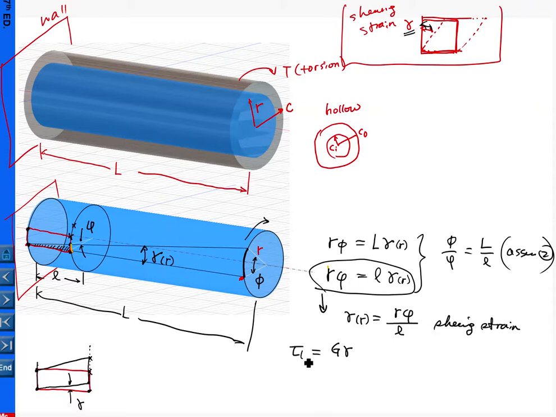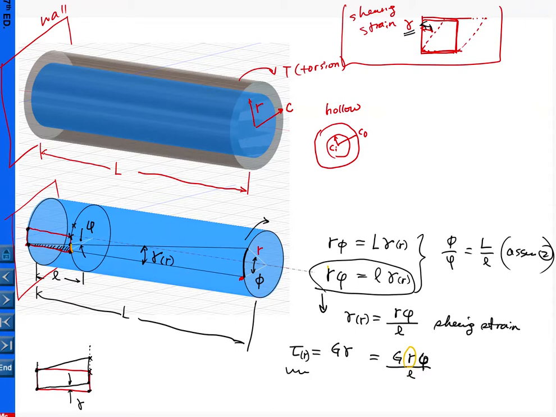So shear stress is a function of r, basically equal to g r v divided by L. Here we come up with quite a bit of information. Looking at this tau, the shear stress is a function of r.